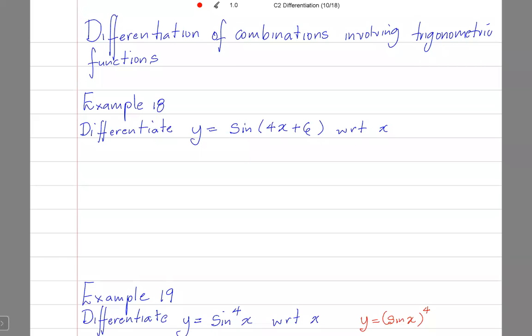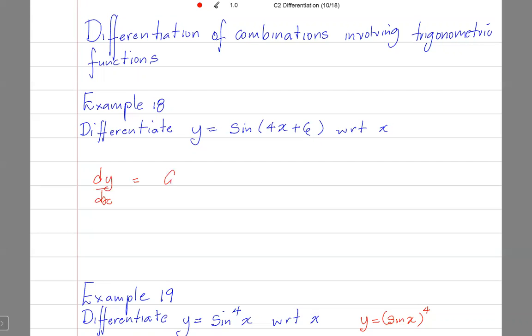All right, so here we have differentiation of combinations involving trigonometric functions. Example 18, differentiate sine of 4x plus 6. We're going to use the chain rule. So dy by dx, we're going to differentiate the outer function, which is sine. When you differentiate sine, you get cos.